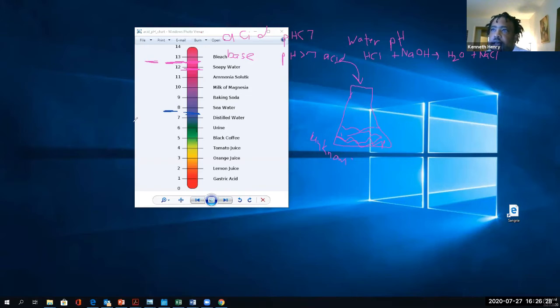Okay, now if I have a color like this, let's say my solution is this color.